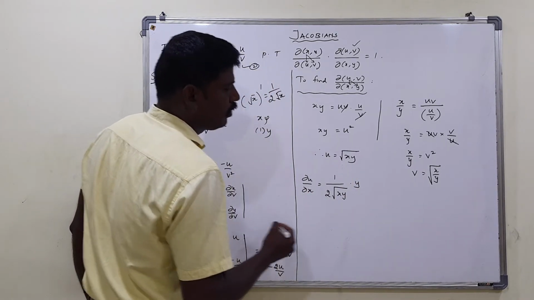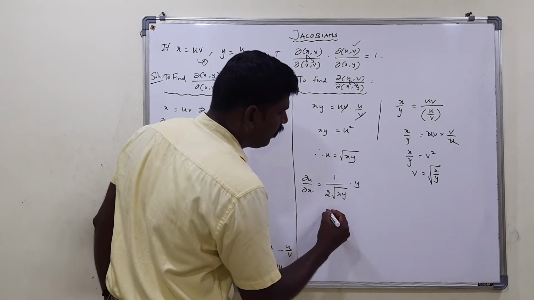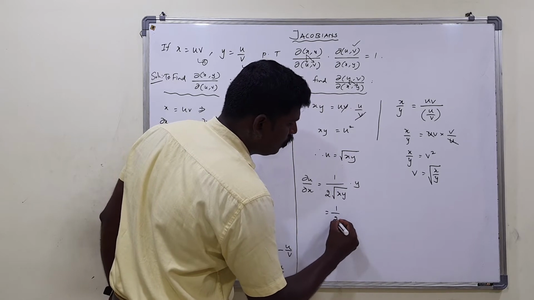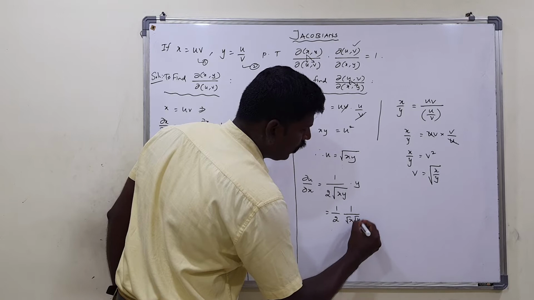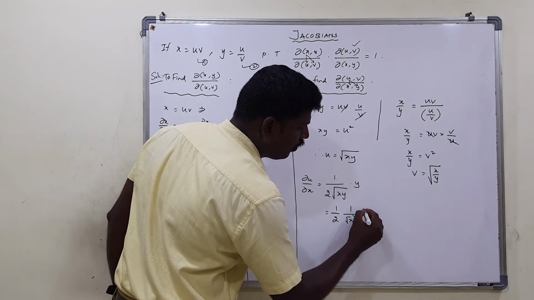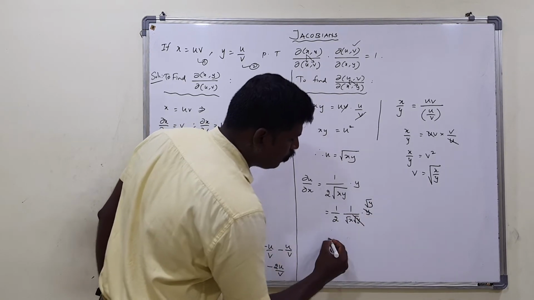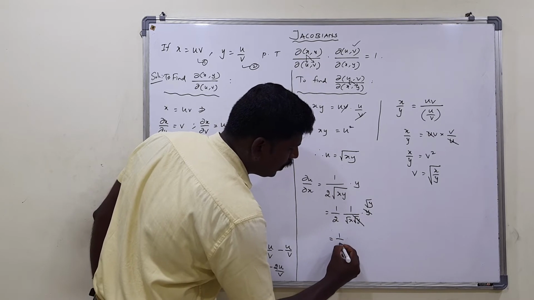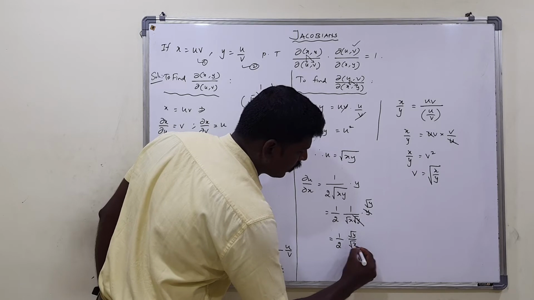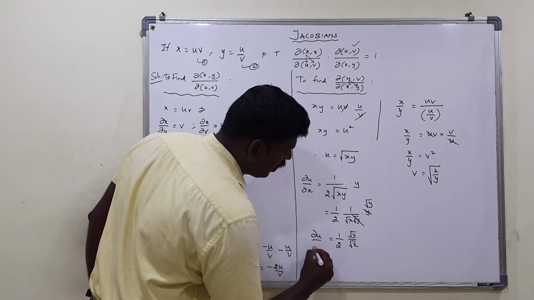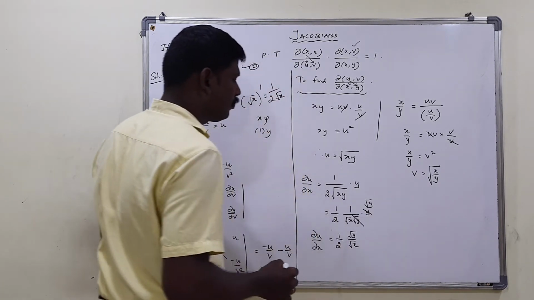We can cancel y with y, so this can be written as 1 by 2 root x into root y into y. We cancel this y, it becomes root y. That is equal to 1 by 2 into root y by root x. This is the value of dou u by dou x.